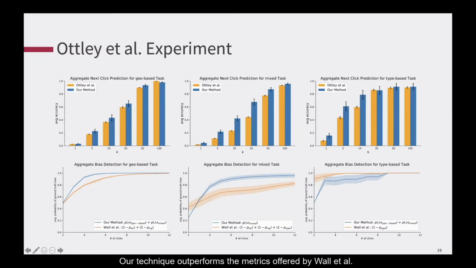Our technique outperforms the metrics offered by Wall et al. for geo-based and mixed tasks, while the Wall et al. technique outperforms us for type-based tasks. After further investigation, we realized that this difference in the type-based task is due to the Wall et al. technique considering the underlying data distribution when detecting biases, whereas ours does not.